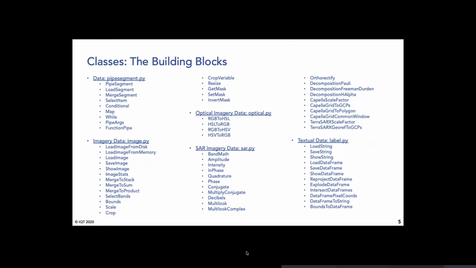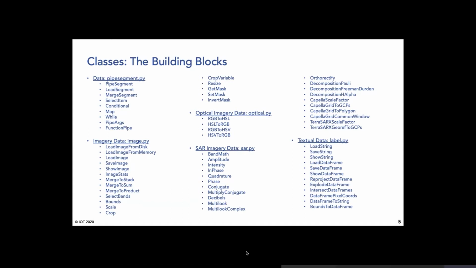The first module, pipesegment.py, contains a base class, also called pipesegment, from which all of the other classes in the library inherit. This is what allows them to work together. The pipesegment module also contains some special classes that operate on other classes for doing certain kinds of very complicated things, but in a typical use case, none of that is required.